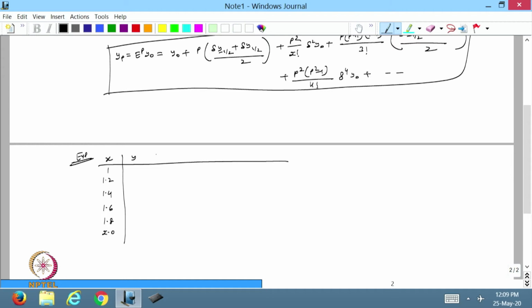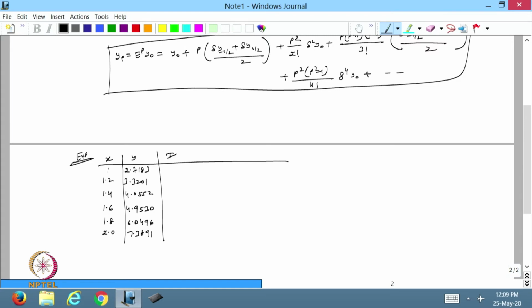The value of y is given to me: 2.7183, 3.3201, 4.0552, 4.9530, 6.0496 and 7.3891. So these values are given to me.